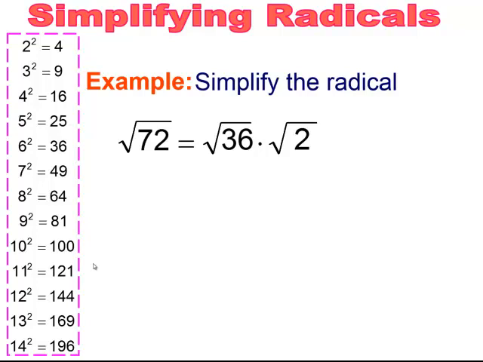But now I can simplify the perfect square piece. The square root of 36 will come out as a whole number 6, and I just attach it to the leftover factor, square root of 2. This is what a simplified radical looks like. So the square root of 72 simplifies to 6 radical 2.